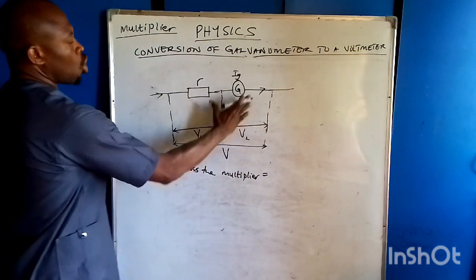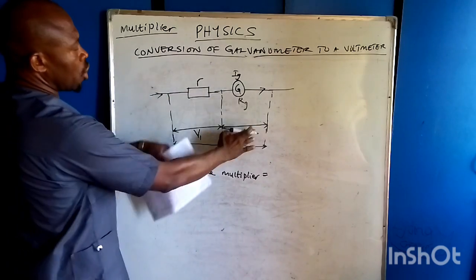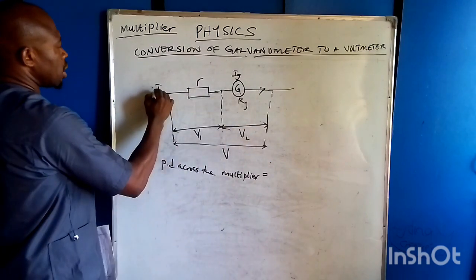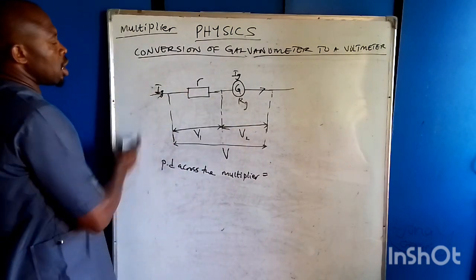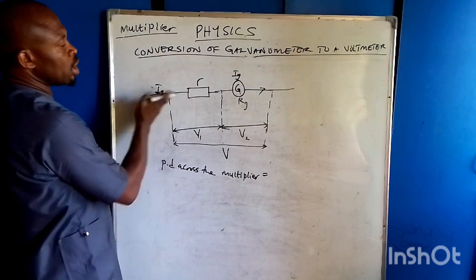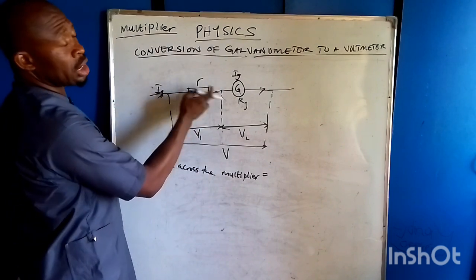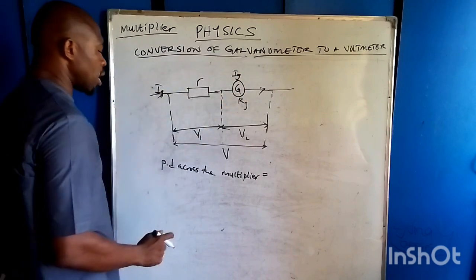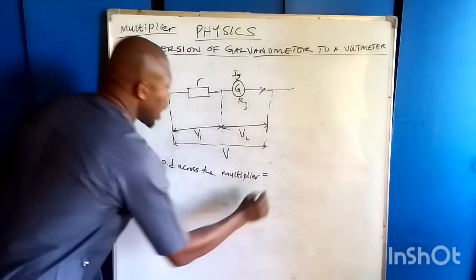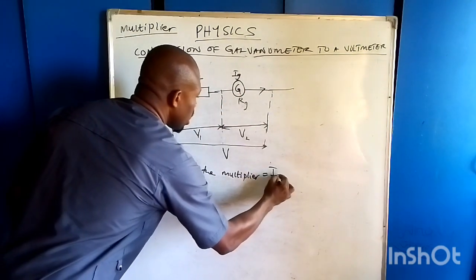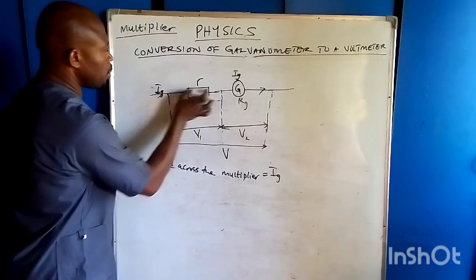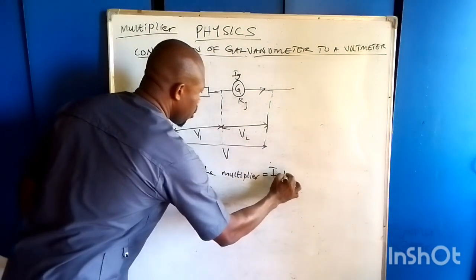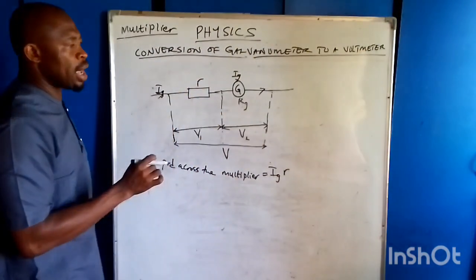Now, our interest is just on this. This current that is flowing into this section will flow into this one, because it's a series. Once it gets to this one, it will now move across to flow into this one. So the PD across the multiplier is Ig multiplied by r, which is the multiplier.